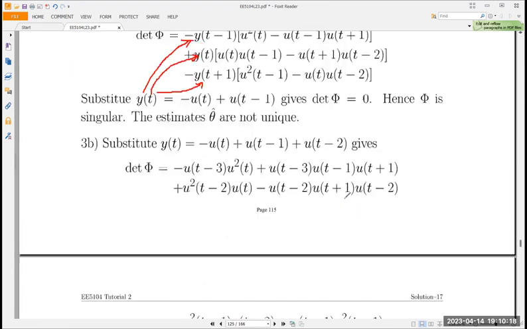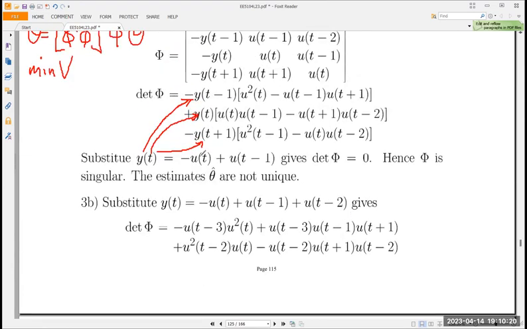Whereas if you use this simple controller, this first controller here, you substitute inside here, you find that it will straight away give you 0. All your u will disappear. It will just equal 0. There's no way that you can identify this system if you use this controller. But if you use this other controller, then you now have a chance. Depends on your signal. Of course, you can choose signals such that substituting inside here will give you 0, and again you cannot identify theta uniquely.